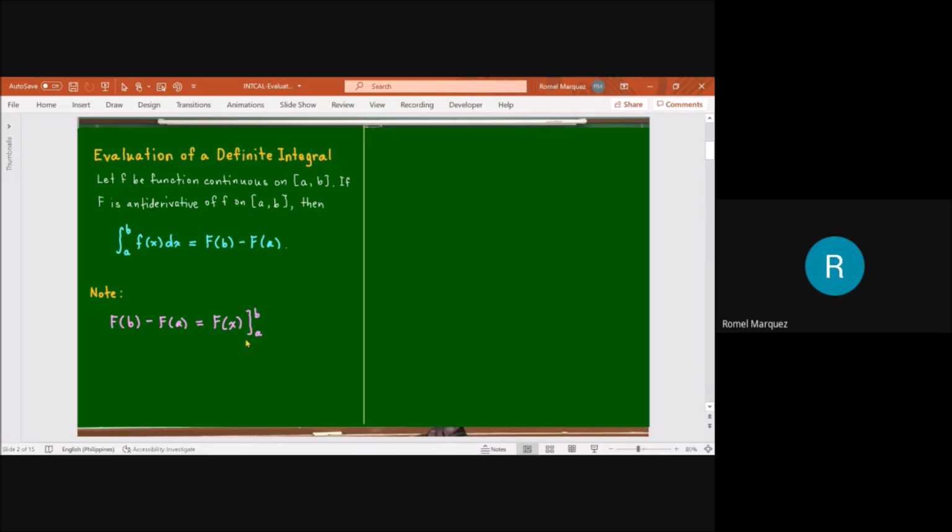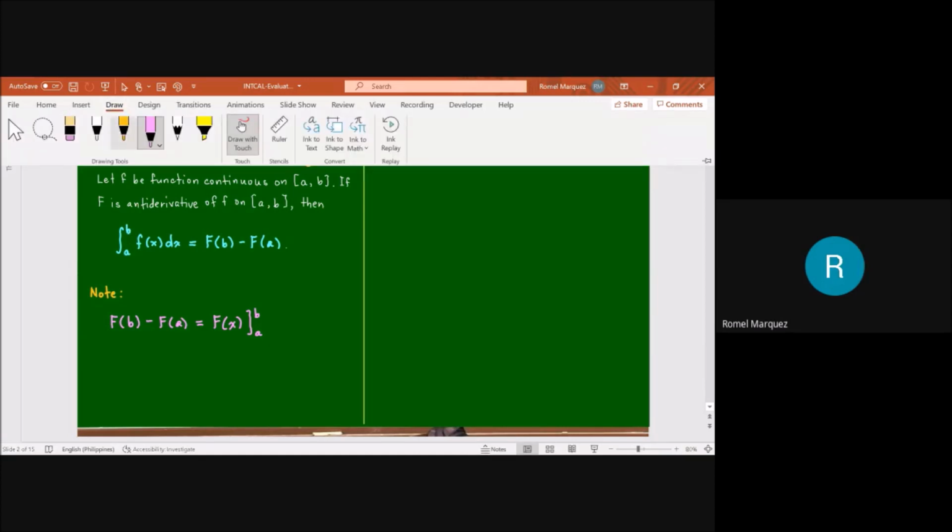So again, we're going to denote this difference by this notation, which means big F of x evaluated from x equals a to x equals b. Okay? And it means, again, the difference of these two values. That clear, guys? Okay.